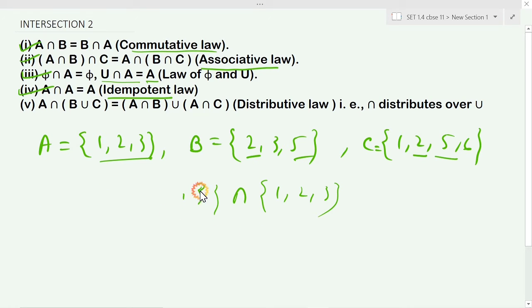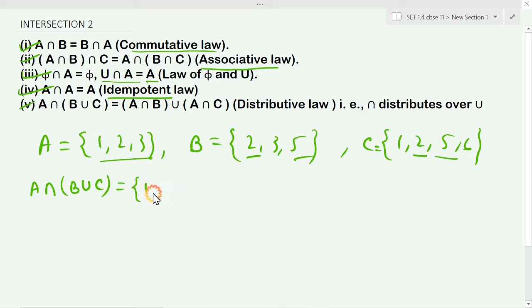Now the fifth property. We have to calculate A intersection (B union C). So we write A, that is 1 2 3, intersection. Now what is B union C?